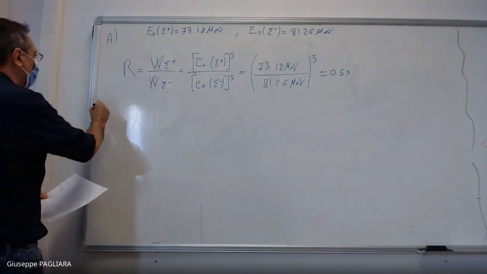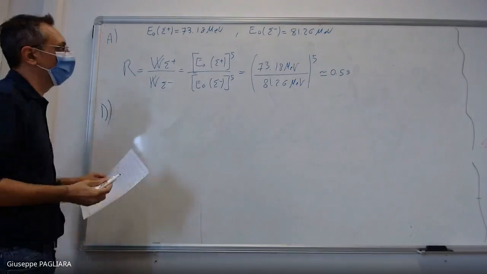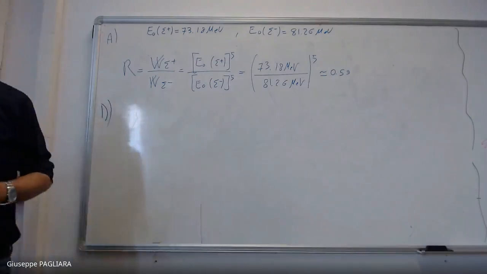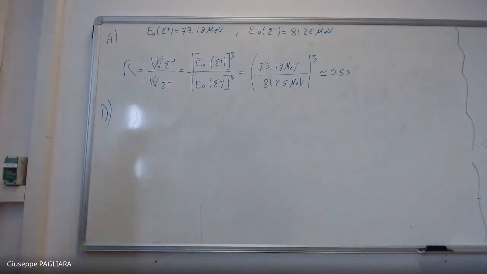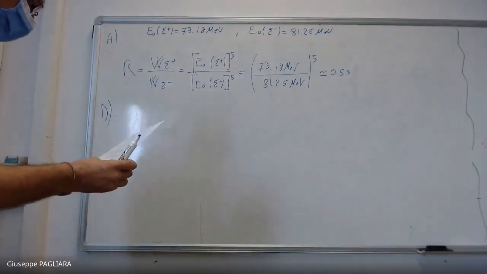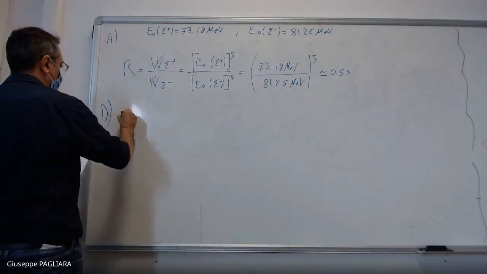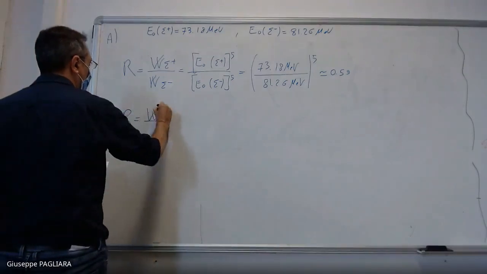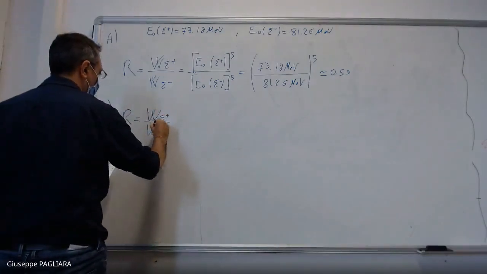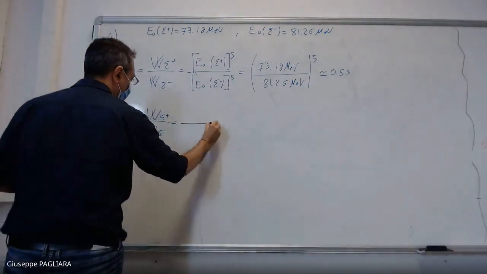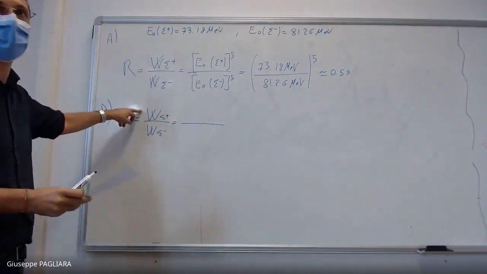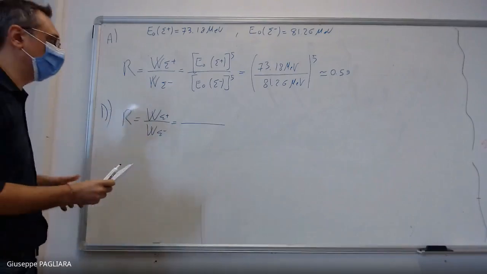Now, point D asks us to check these results with a direct calculation based on the information given in the text, which are the branching ratios and the decay times. So, again, R is equal to W sigma plus divided by W sigma minus. And as we know, this is the branching ratio divided by the decay time for each of those.